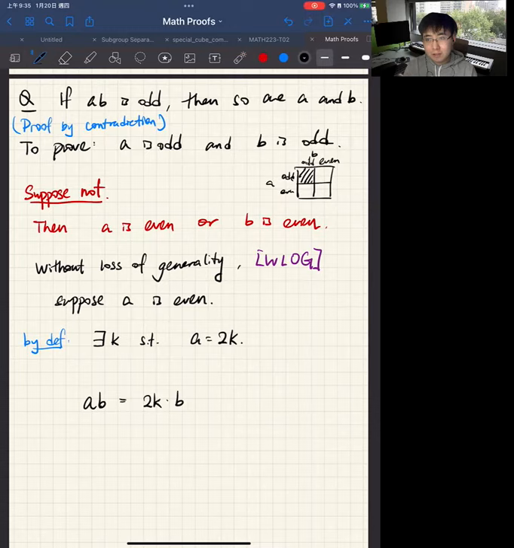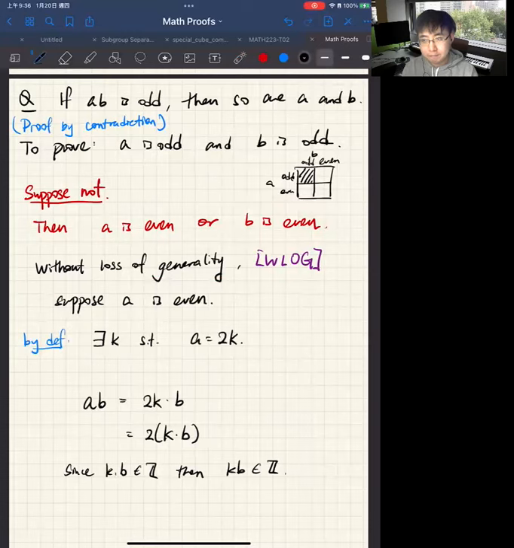This is just 2K times B. Since K and B are integers, KB is an integer, so the multiplication of them is still an integer. That's why AB is even, which is not correct, right?